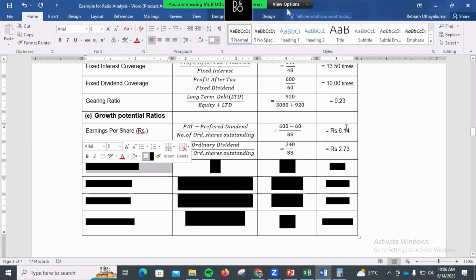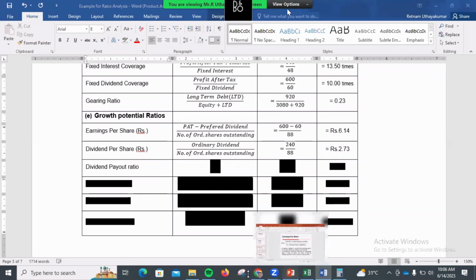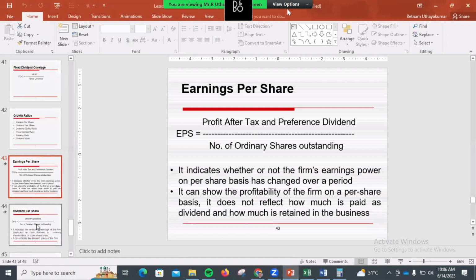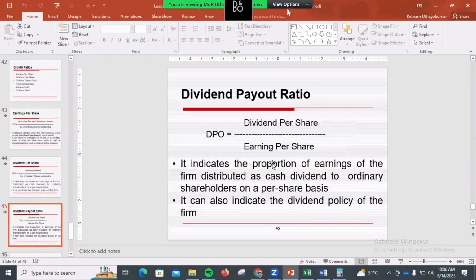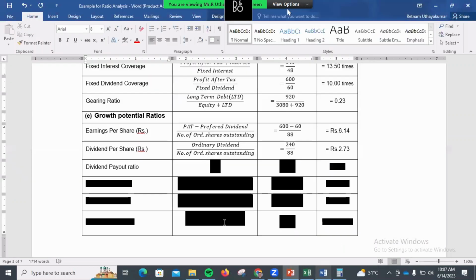If you answer without the denominations, then the dividend payout ratio. What is the dividend payout ratio? It is dividend per share over earnings per share. So you have calculated dividend per share and earnings per share before. That is 6.14 and 2.73.